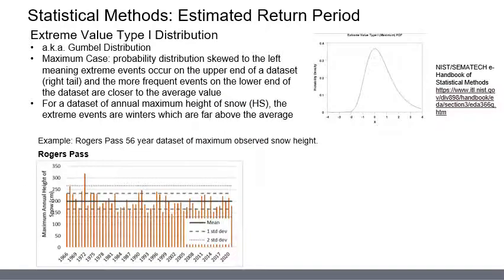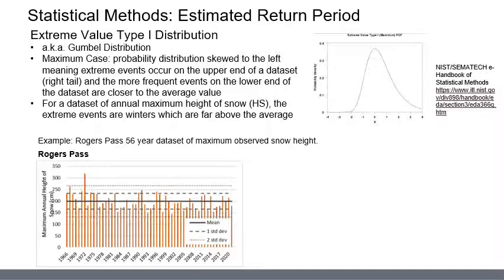The second statistical method is more complicated, and the next few slides are going to go into the weeds a bit on extreme value statistics. For this method, we are using the extreme value type 1 distribution, which is also known as a Gumbel distribution, and we're using the maximum case.